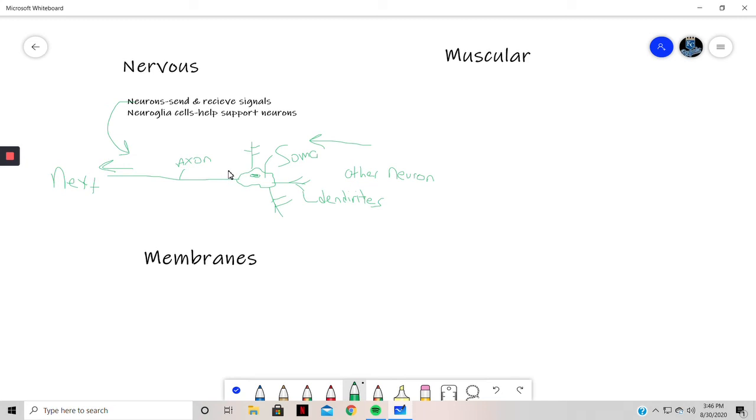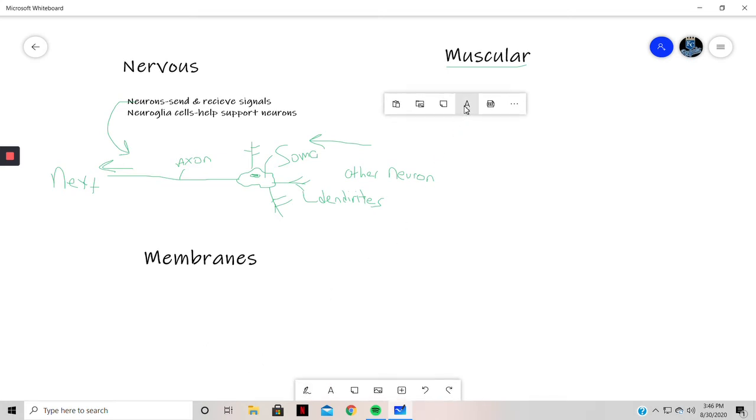So let's go over here to muscular. We're right here now. Let me close this. Bring up a little box and move it up here. And we're down to 2. Here we go. Muscular tissue. Elongated cells.